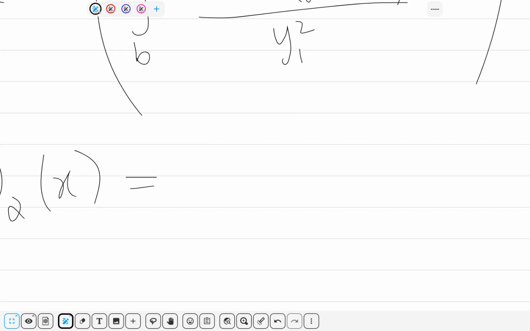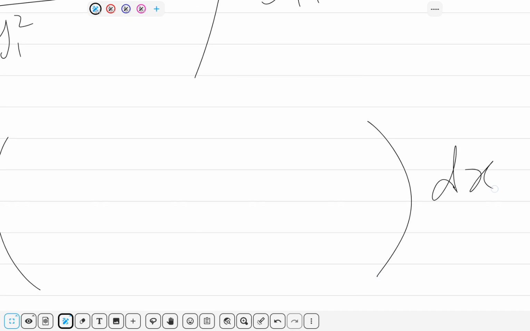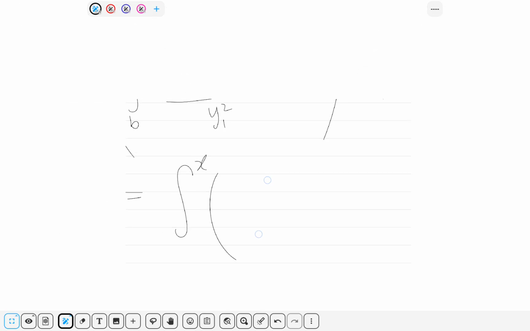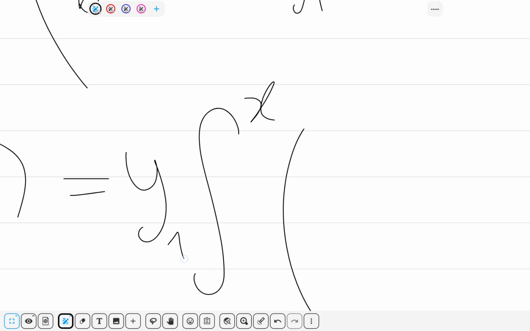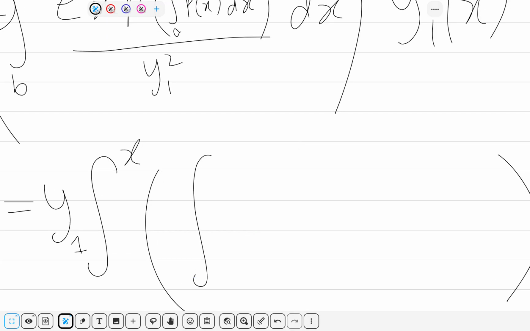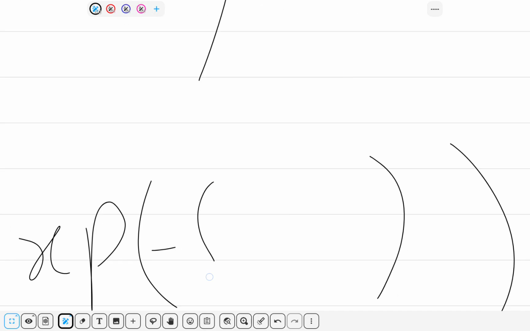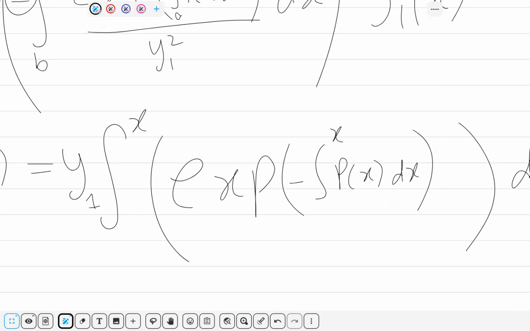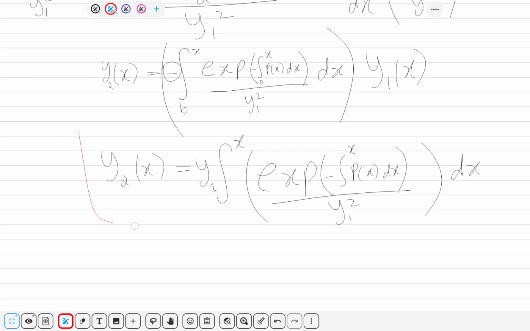So I will just write the integration with some initial value which I know. Yeah, y1 times the integral of the exponential, yeah, minus should be inside here, minus the integral of p of x dx by y1 squared. So this is the form.